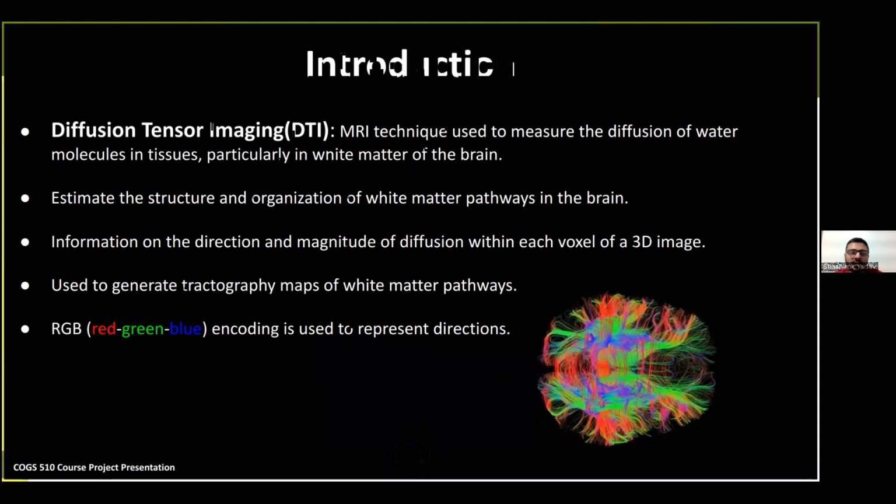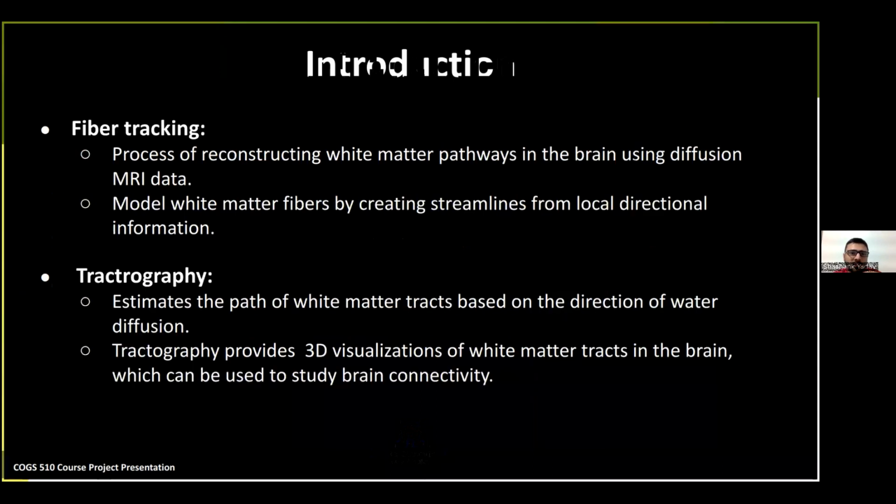After generating the data, a lot of processing is done, generating a lot of tractography which tells what the white matter pathways are, and here's a color encoding scheme which is used to represent the direction of the white matter tracts.